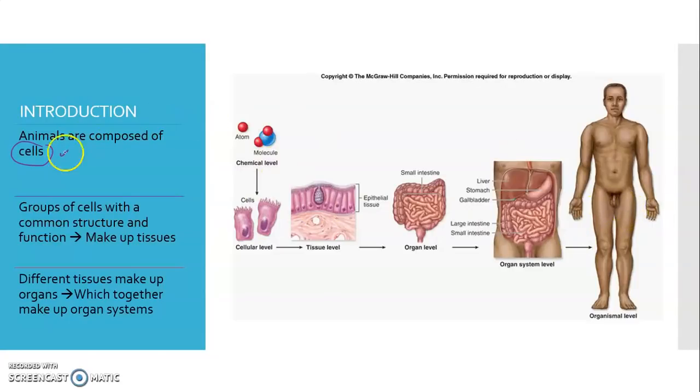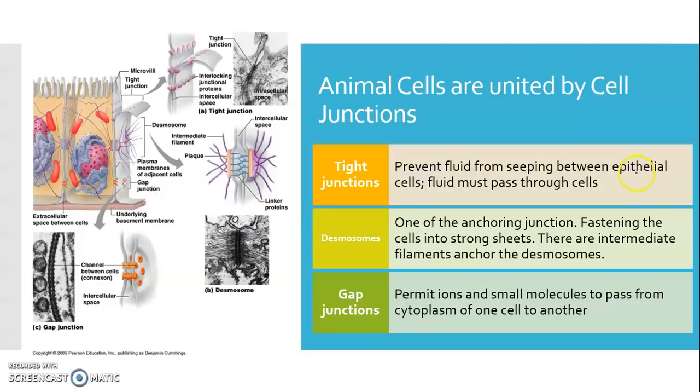So a group of cells with common structures makes up tissues, and different types of tissue make up organs. Different types of organs that carry a particular function become an organ system, and then an organism.